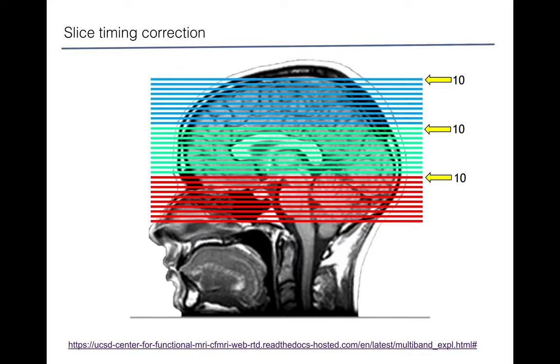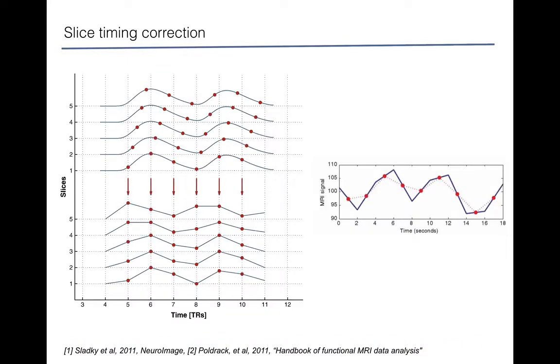The problem with differences in the timing of the acquisition for different slices is this: let's assume that you have, for example, 5 slices, and there is an activation where the hemodynamic response function for these 5 slices is identical.